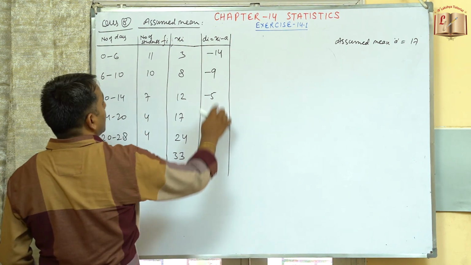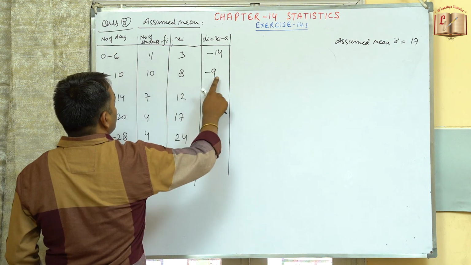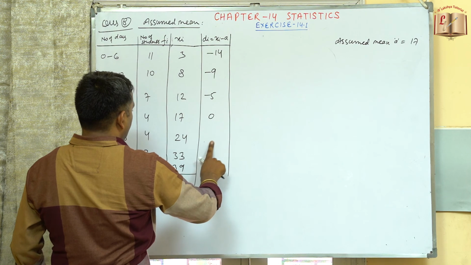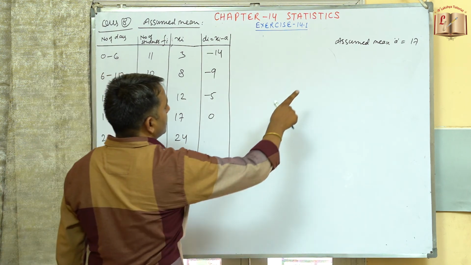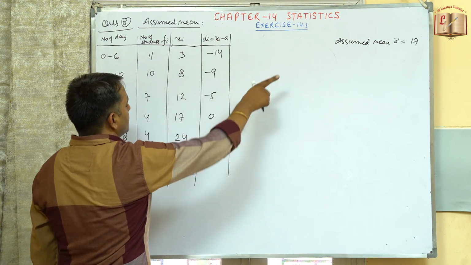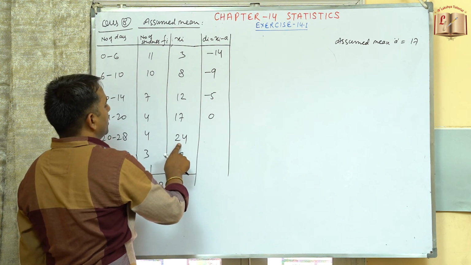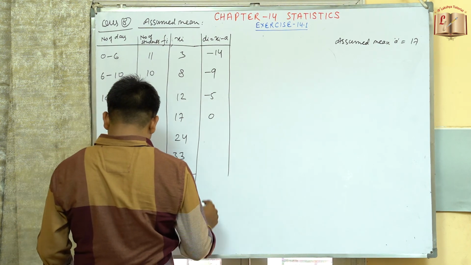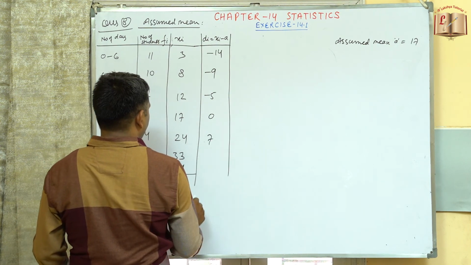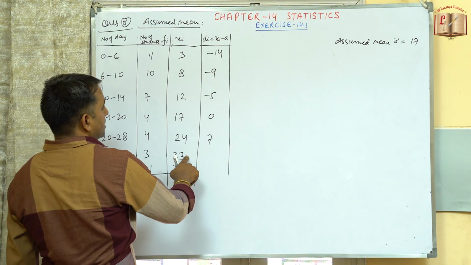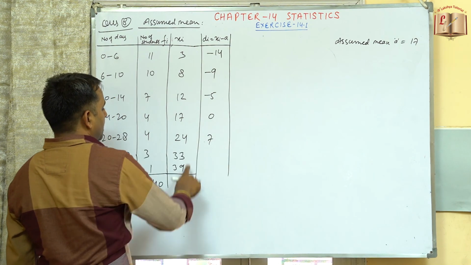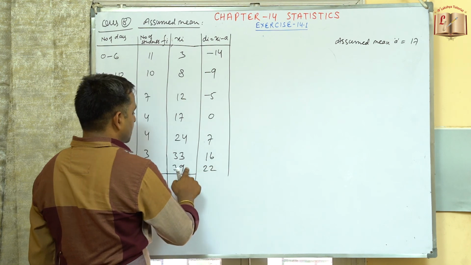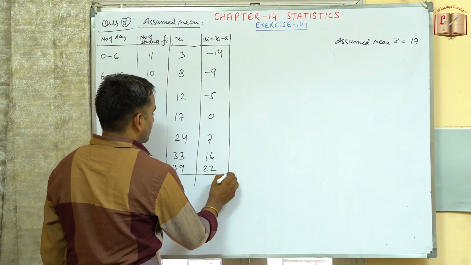So di is minus 14, minus 9, minus 5, 0, then xi minus a: for 24 minus 17, this will be 7, for 33 minus 17 this will be 16, and for the last this will be 22.